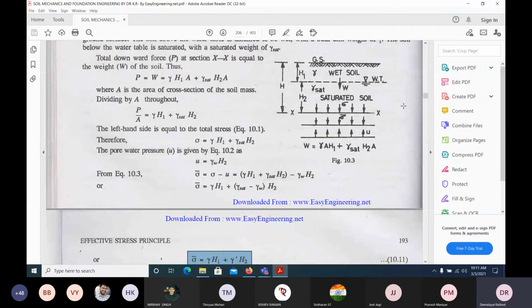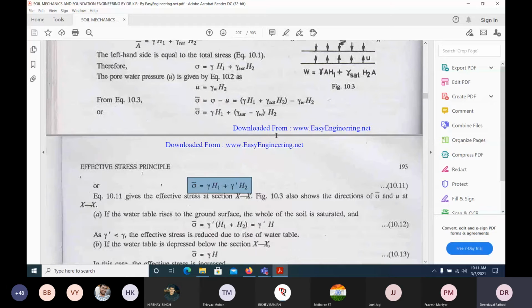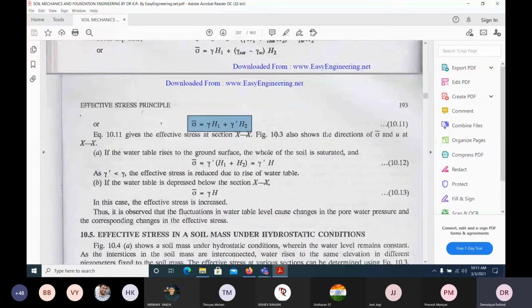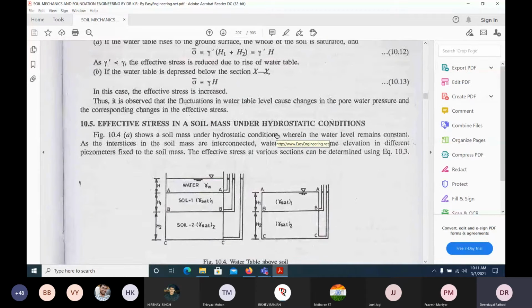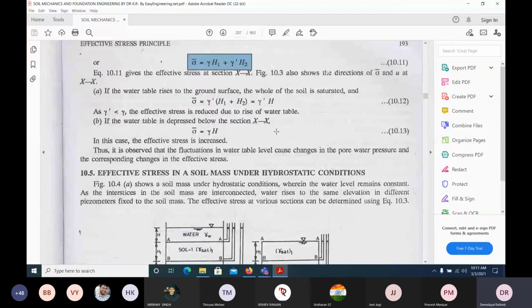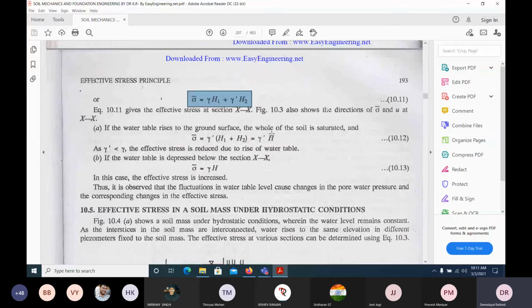Now what I will do is the next case. If the water table rises to the ground, the whole soil is saturated, right?